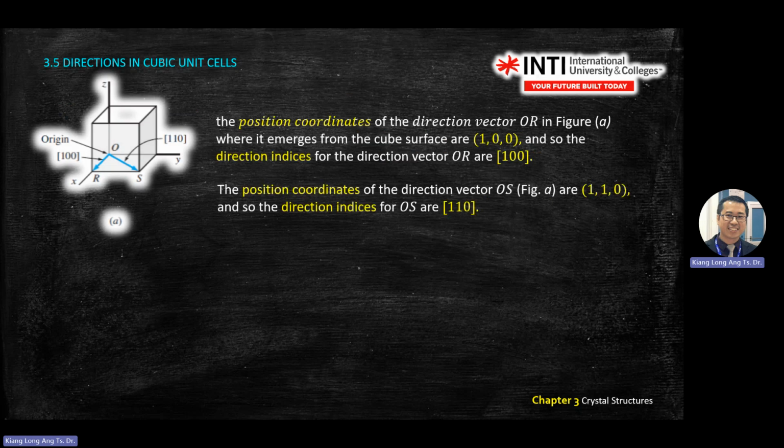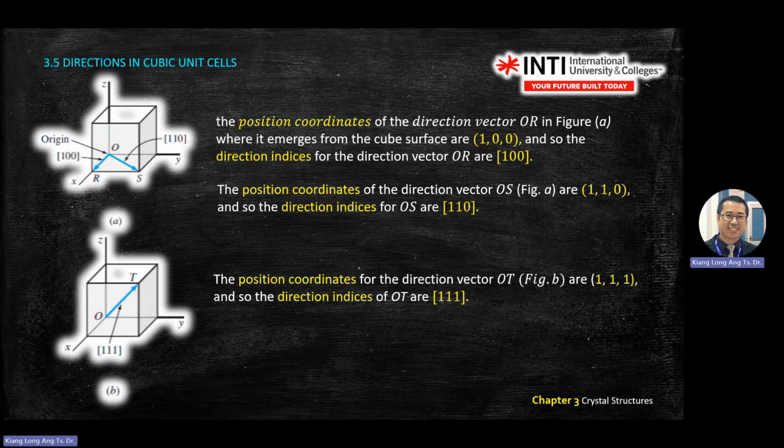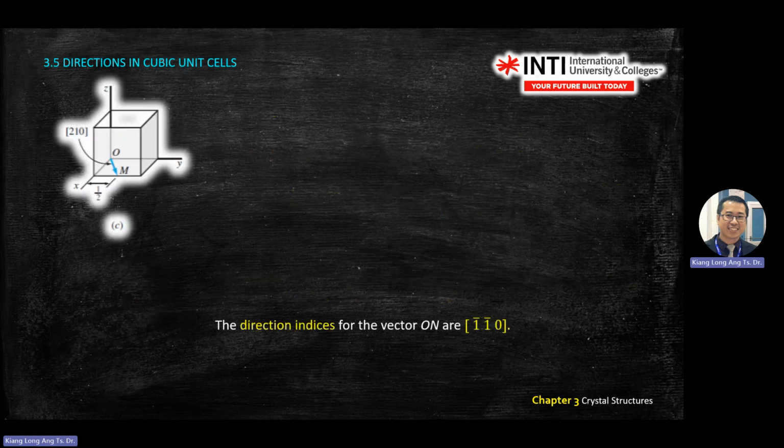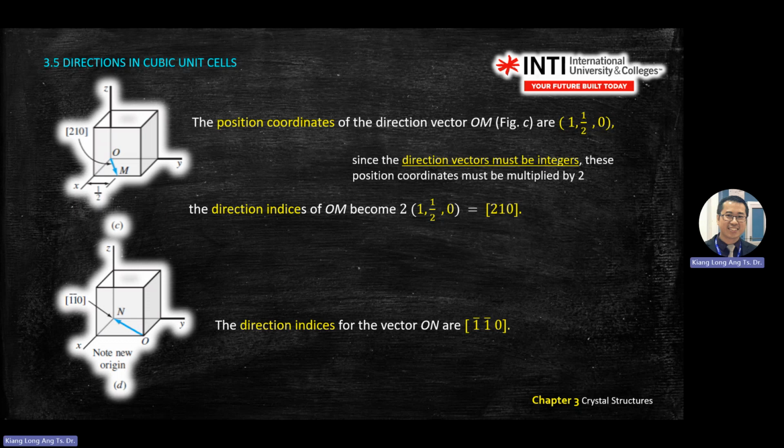Okay, the rest you read. These just tell you not to confuse between position and direction, the round bracket and the square bracket. Position: this is what I explained just now, how you convert the fraction into a full number.